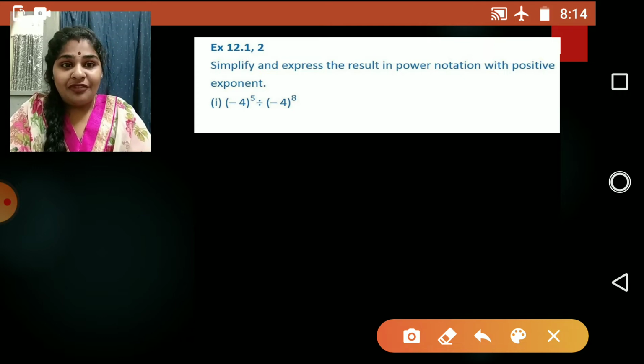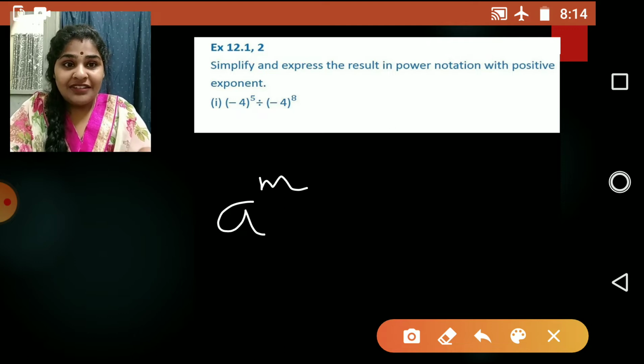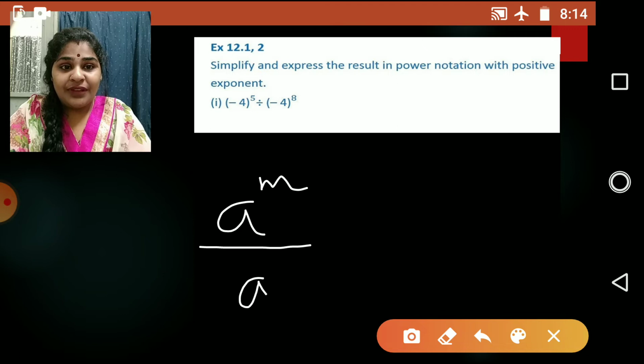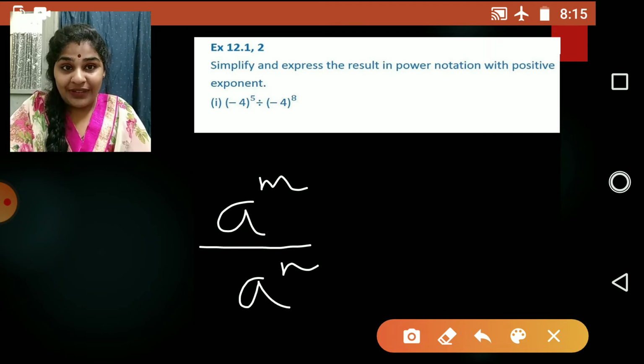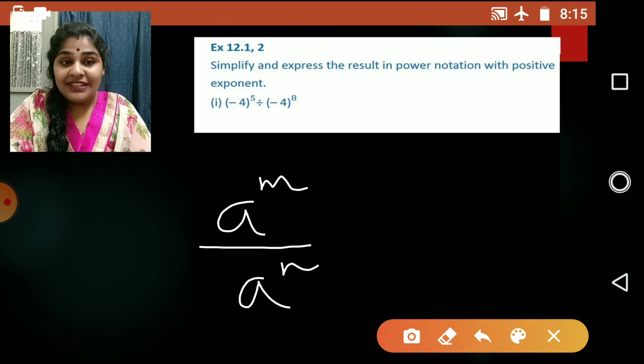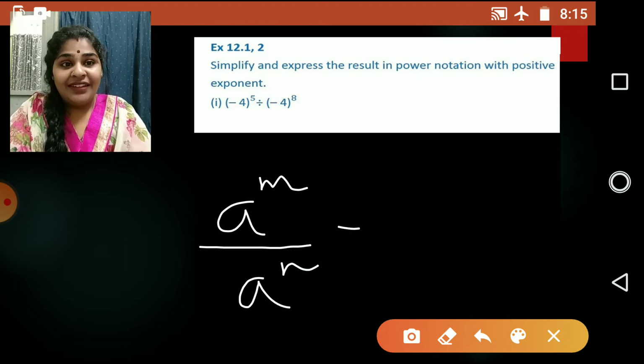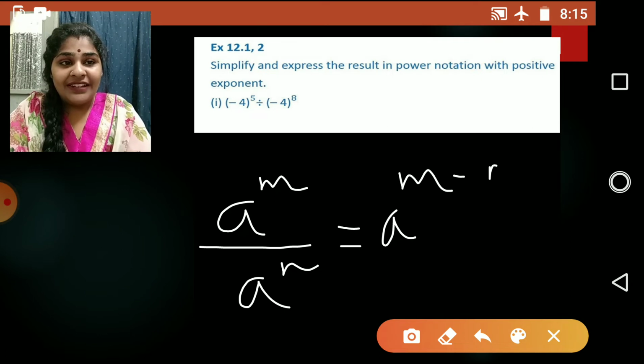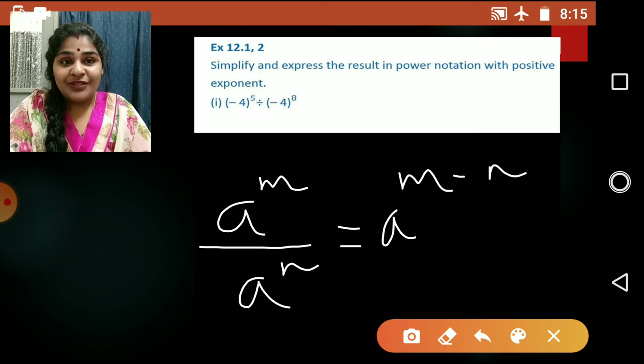So here now I find that it is in the form of a raised to m divided by a raised to n. So we have a law for this, that is a raised to m divided by a raised to n is equal to a raised to m minus n, right? So using this law, can we solve now?